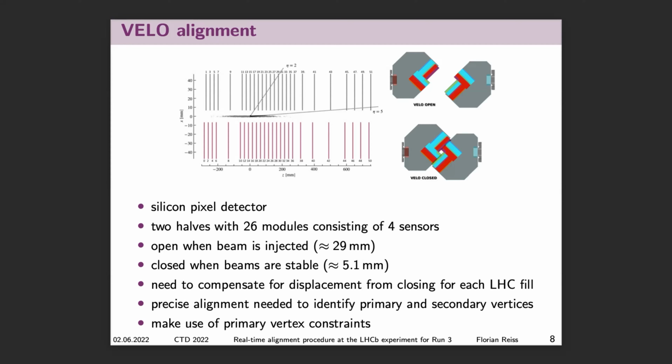One more. You showed the effect on the resonance mass pre and post alignment. Are you using this also as a sort of monitoring that you need to do a new alignment, or is the starting procedure just given by the fact that you move the VELO in and out?